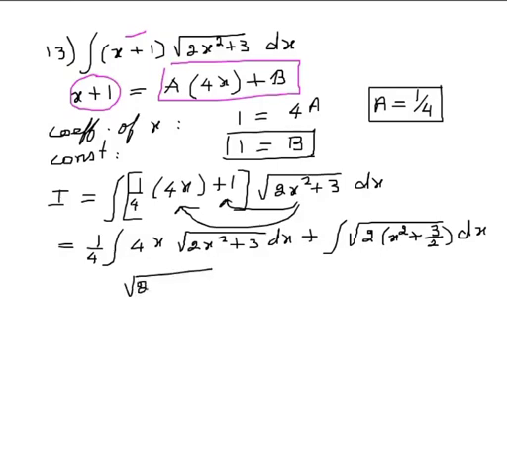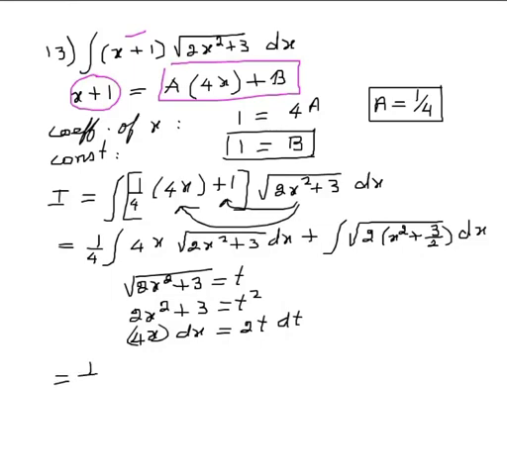Okay, let us substitute root of 2x square plus 3 as t. The first integral has to be done by substitution and the second integral by completion of squares. Square both sides. Differentiate. 4x dx is 2t dt. Don't simplify, we have 4x dx in the integral.